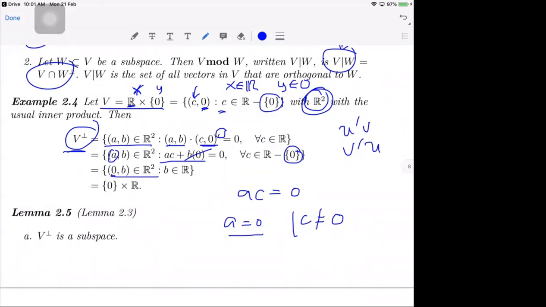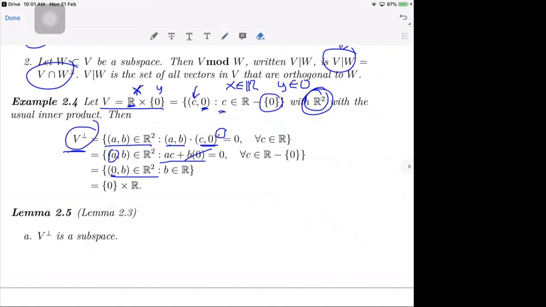So what is the set of (0, B)? That will be this line. It's a line. If you recall, in dimension 2, it is a line passing through the origin, as in the example above.